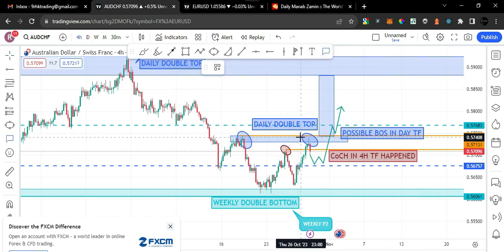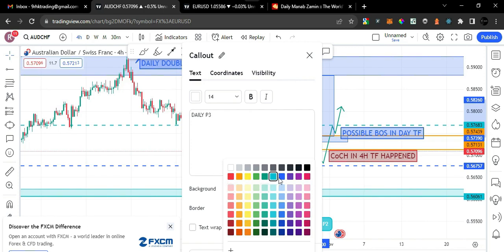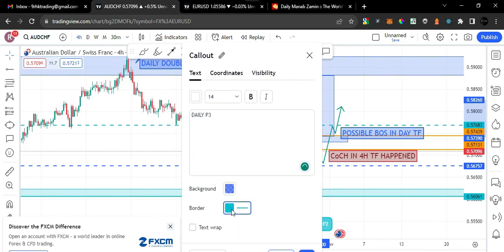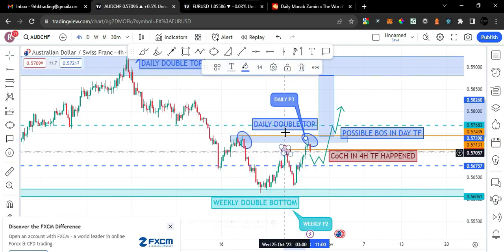So this one, we can say daily P3 pattern 3, make it blue. For daily we use blue. Okay, so daily pattern 3 has been formed.